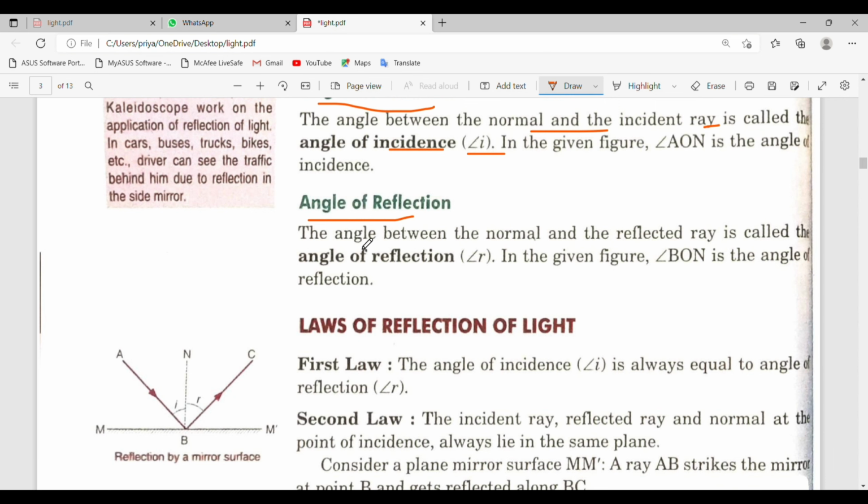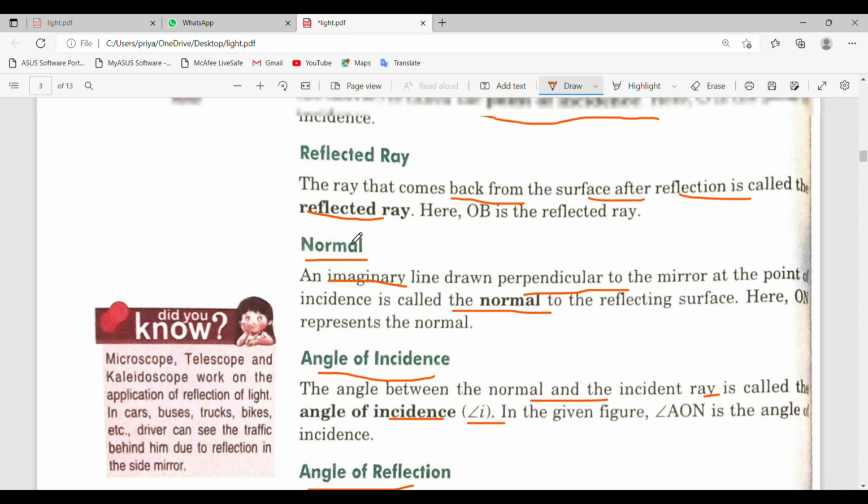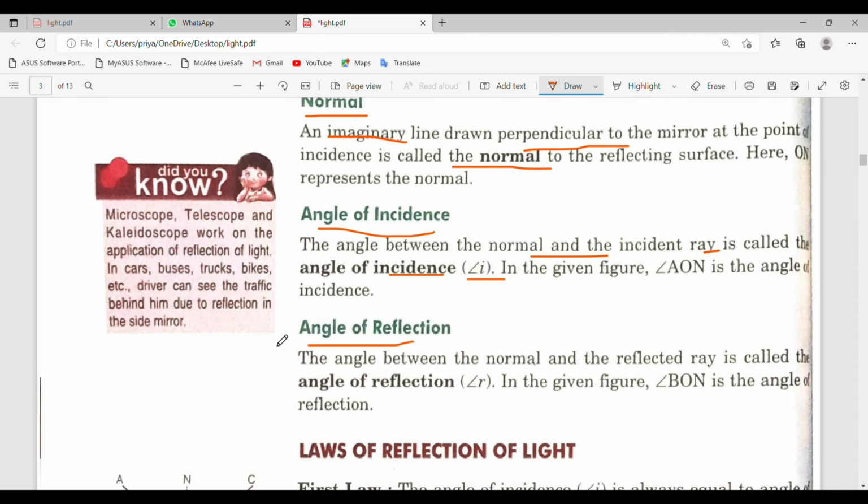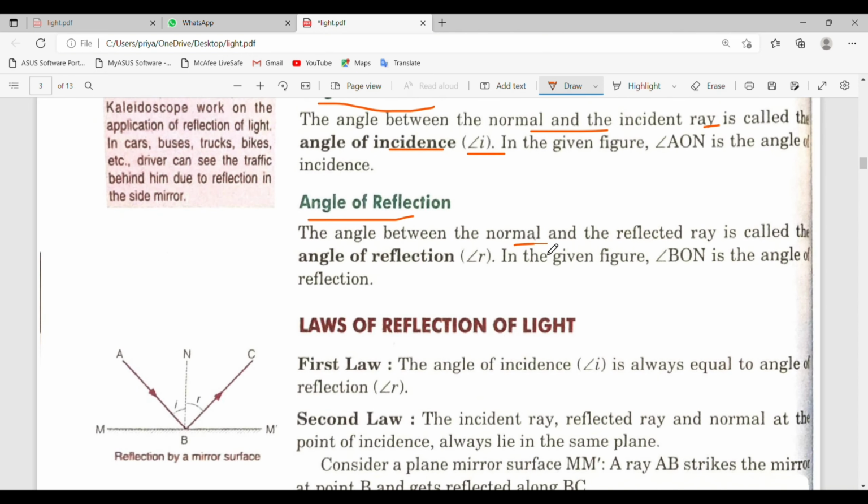The angle of reflection is the angle between the reflected ray and the normal, and it is denoted by R.